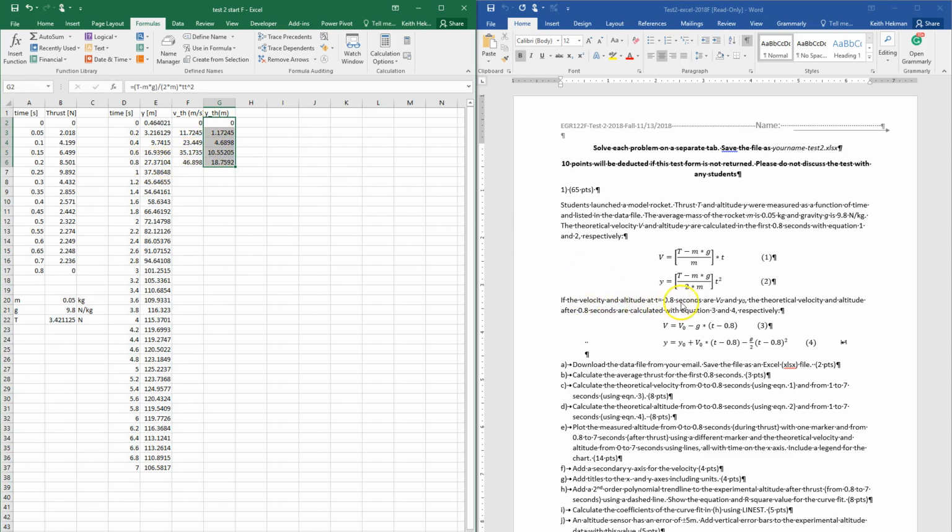And then this is going to be our v0, and this is going to be our y0. So our velocity equals v0 minus g times t minus 0.8.